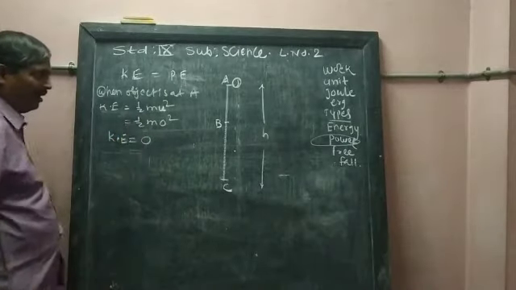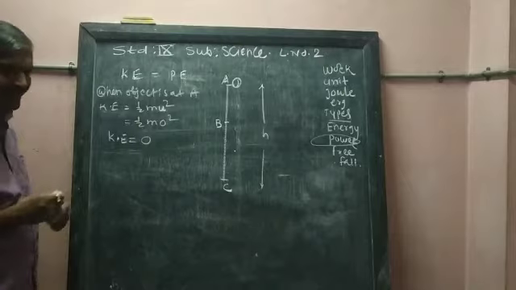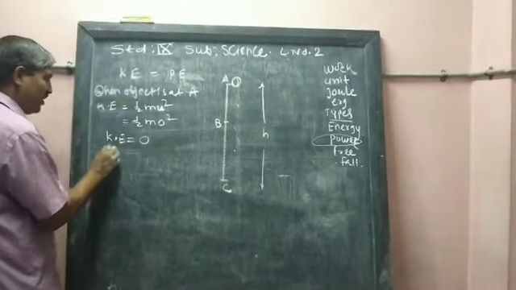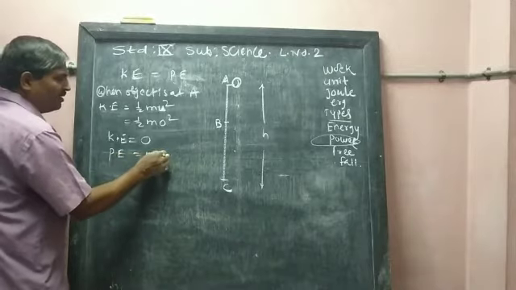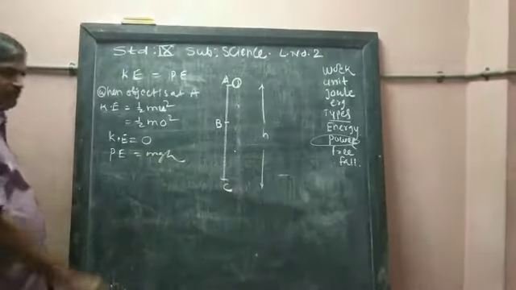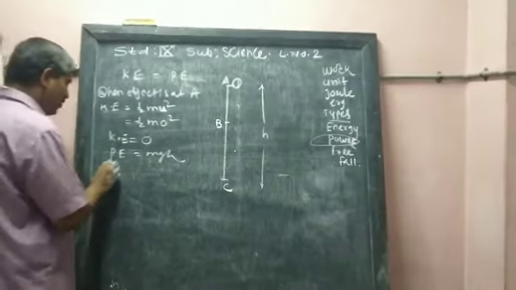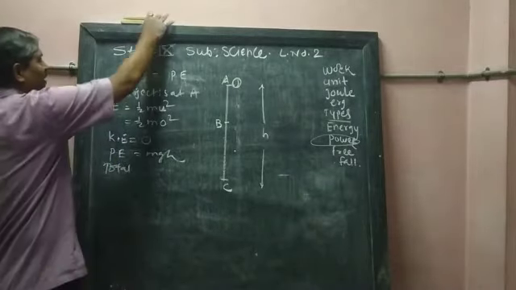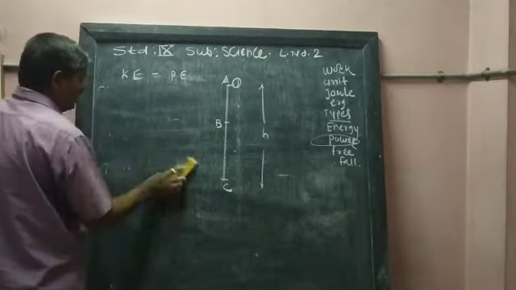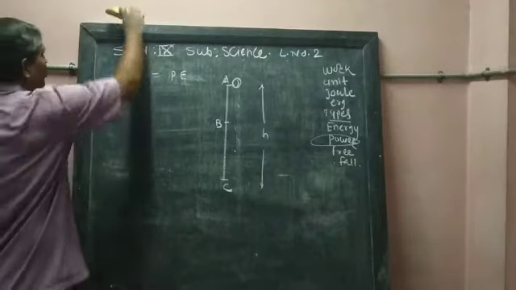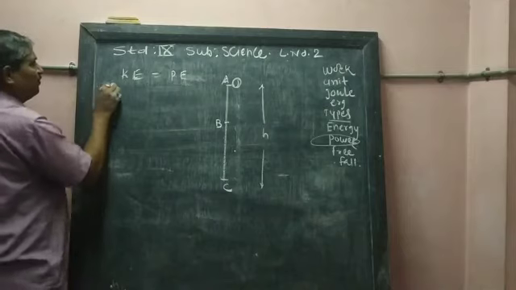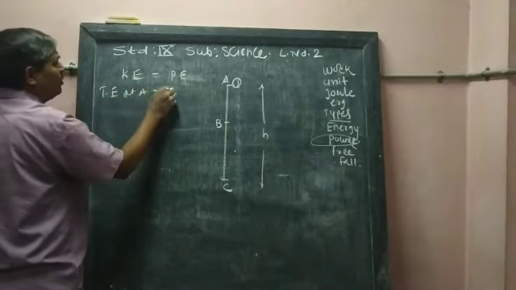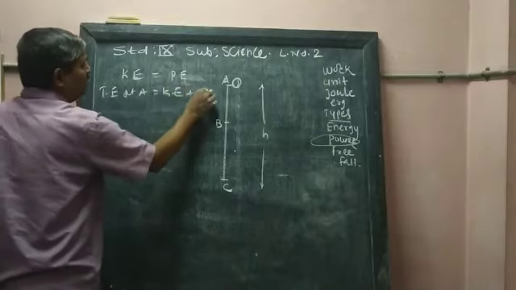At A, before it is released, what is its potential energy? Potential energy is equal to mgh. Now we calculate total energy. Total energy at A is equal to KE plus PE.